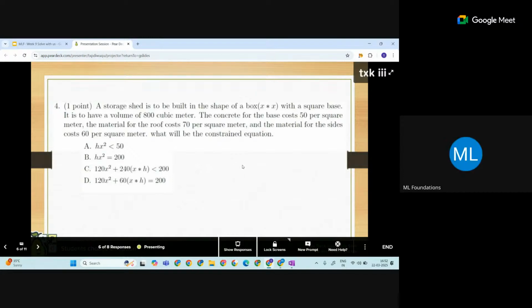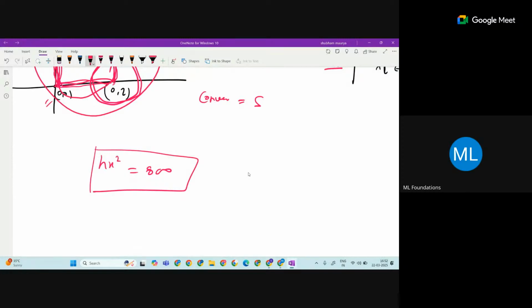And if we come up with the surface area, volume is given. So surface area in terms of h and x, if we replace h, what equation are we getting? 4xh plus 2x square is the surface area.